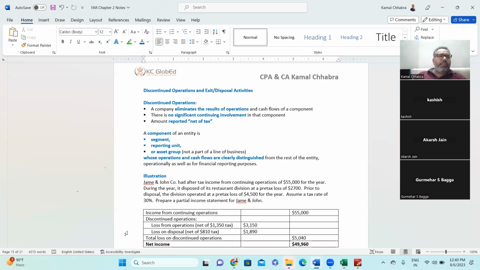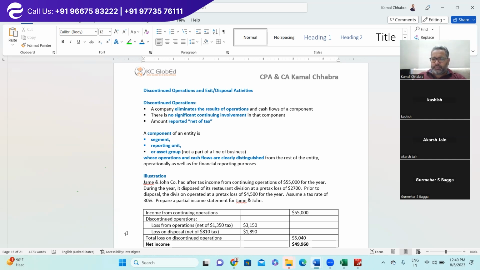Third, for example, let's say a company like Honda. They are into car manufacturing. Let's assume in earlier years they also manufactured batteries and sold the batteries as well.